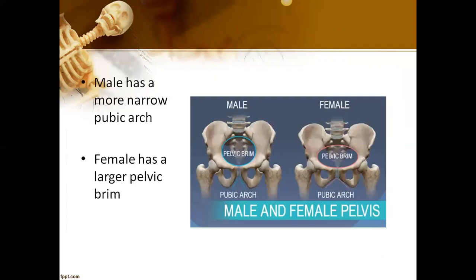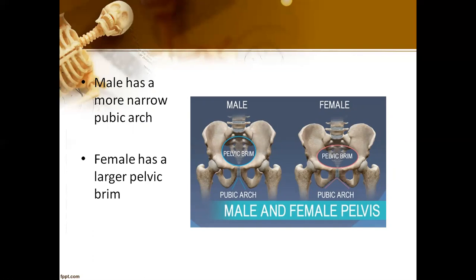Okay, using the pelvis is one of the best ways we can tell the difference between males and females. For a male, you'll see at the base of the pelvic bone, there's the pubic arch, and it's marked on the diagram. The pubic arch is narrower for a male.